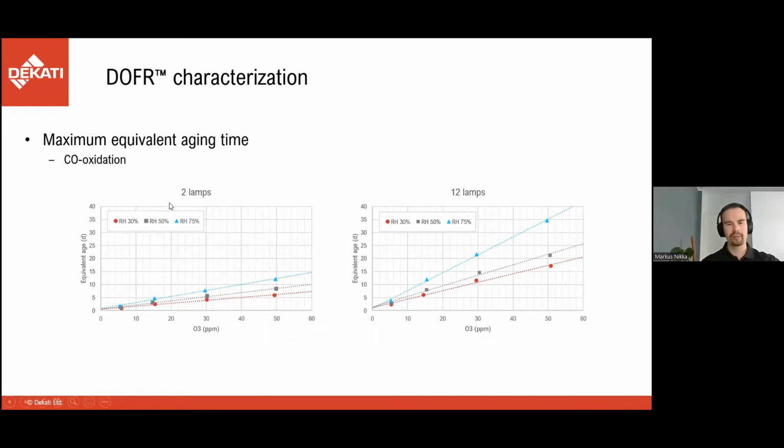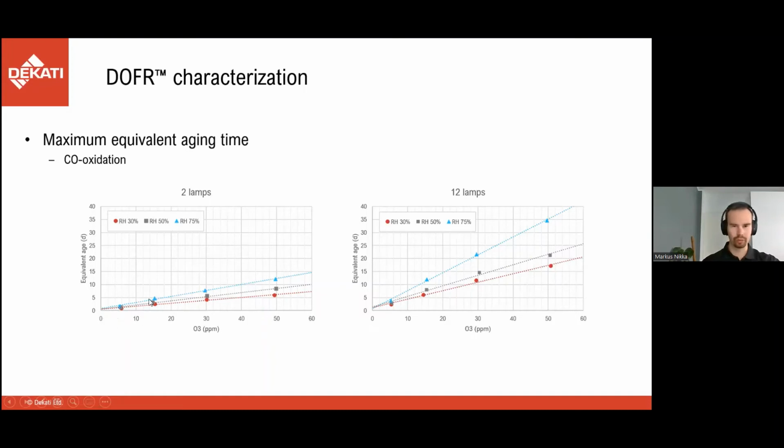In the graph on the left side, we have only 2 UVC lamps active. There are 3 different humidity levels tested, as a function of the ozone concentration.